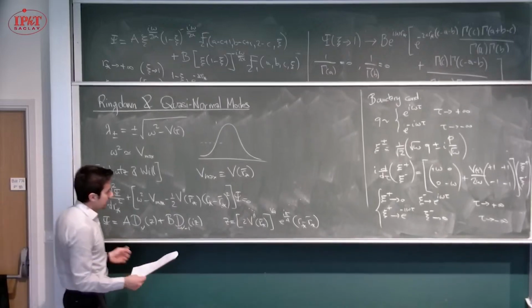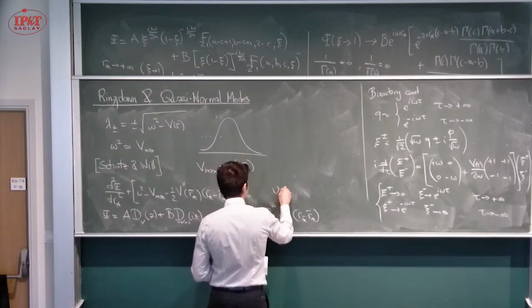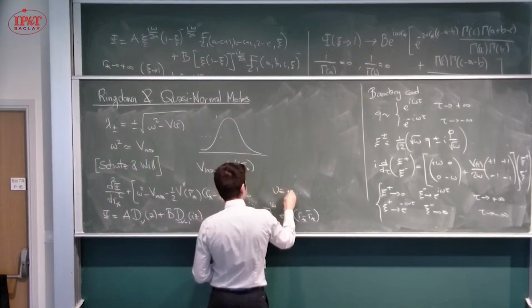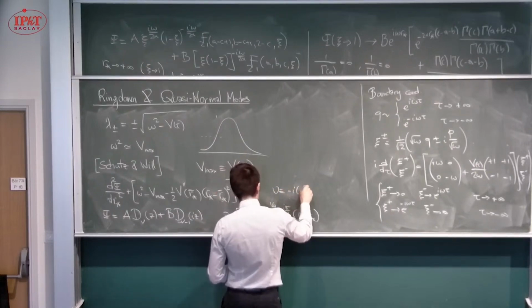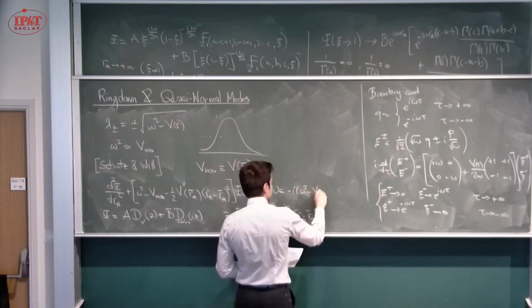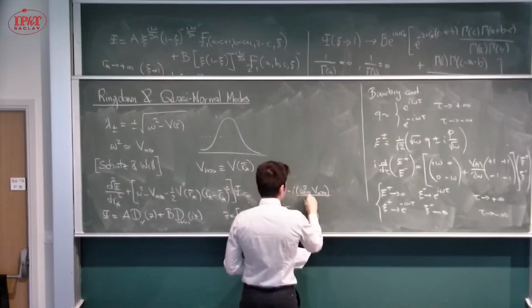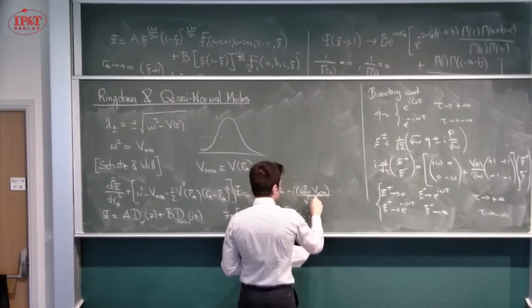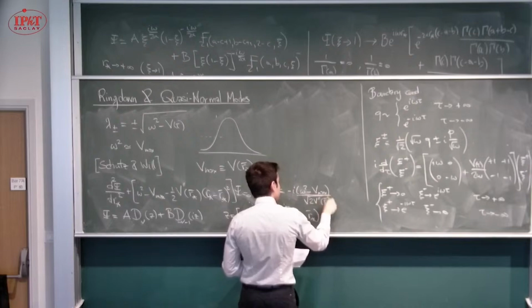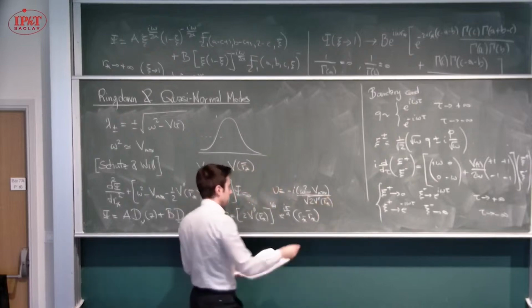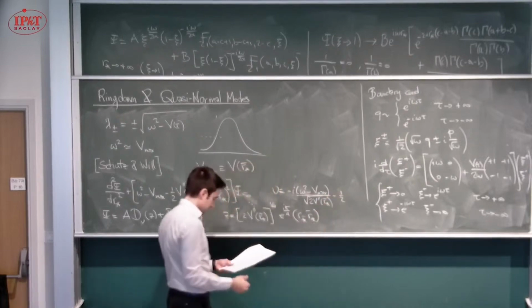And nu, I can tell you what nu is. Nu is minus i, omega squared minus V max, divided by the square root of V double prime at r star bar, okay, minus 1/2.